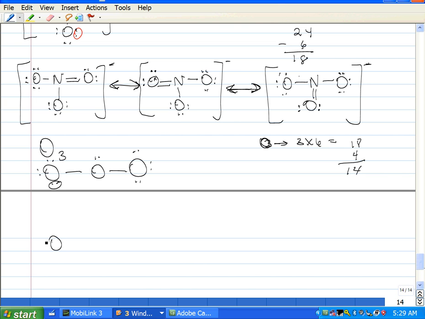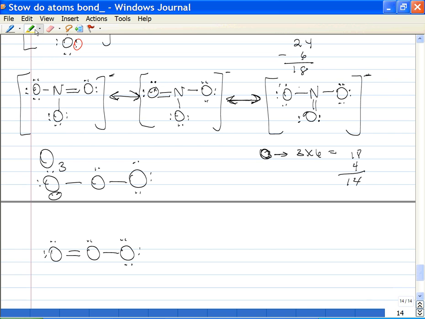You can pull it from this one and form the double bond there, or you can pull the electrons from this oxygen, just pick a pair, and form the double bond on the other side instead.